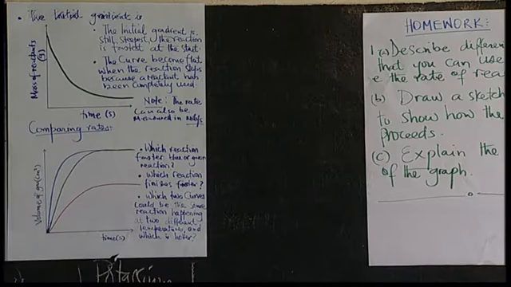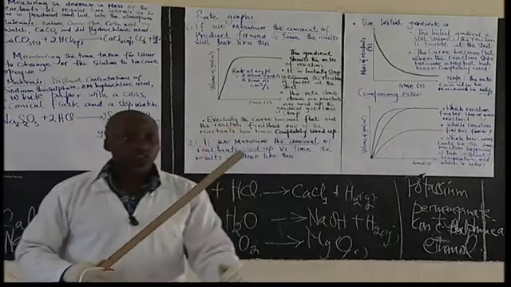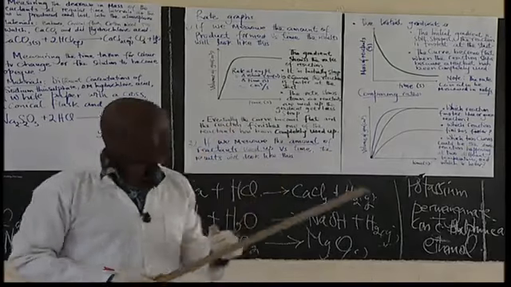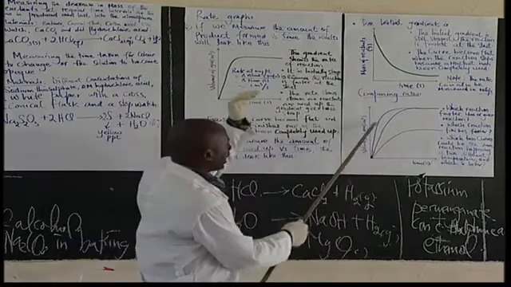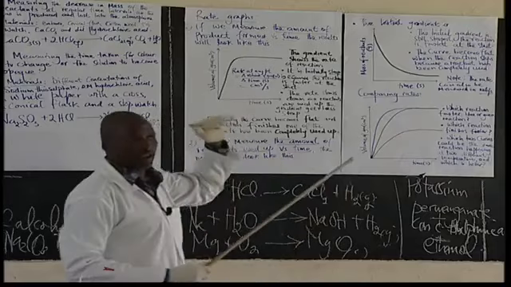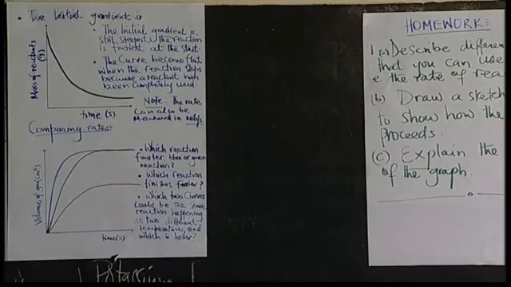I think I've talked about this one before, because I've said these two are of the same reaction, but occurring at different temperature. And different temperature means either low temperature or higher temperature. The lower the curve, the lower the temperature, and the higher the curve, the higher the temperature.